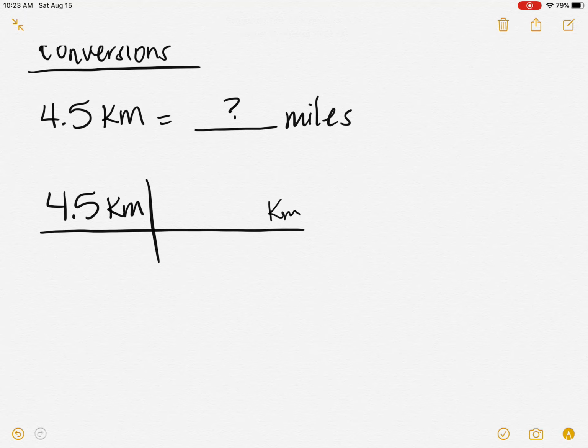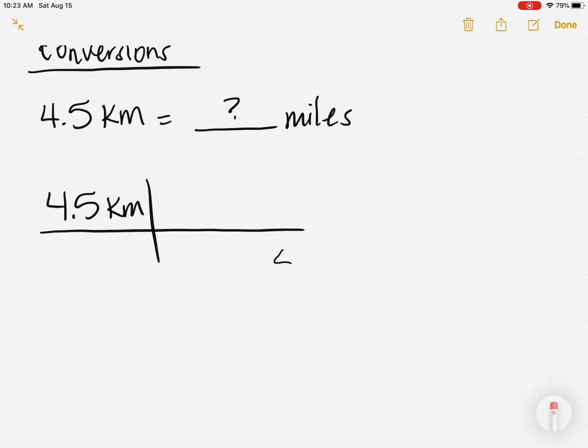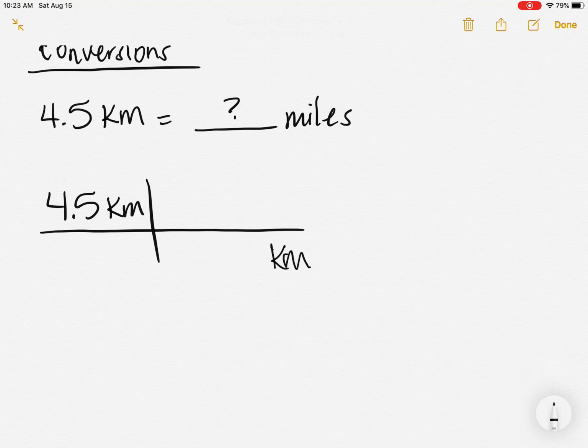Would it go in the numerator or in the denominator? To cancel with the kilometer that's already there in the numerator, I of course have to put it in the denominator, okay? The goal is to get rid of kilometers, and I'm trying to convert into miles.